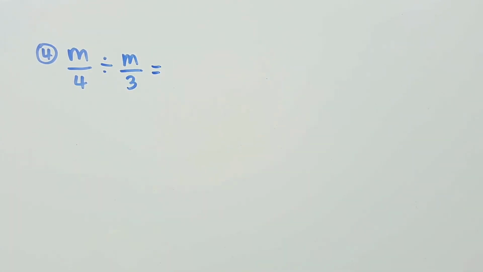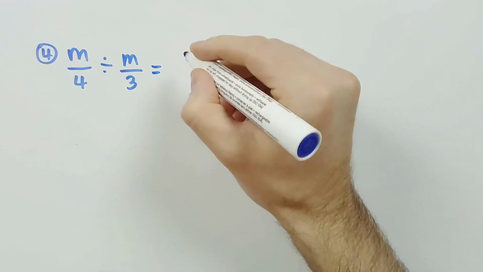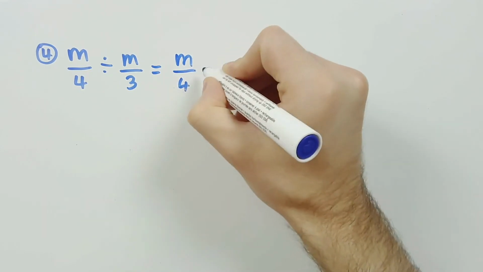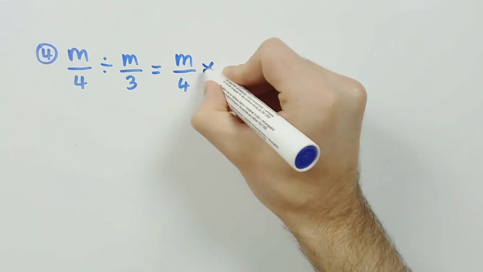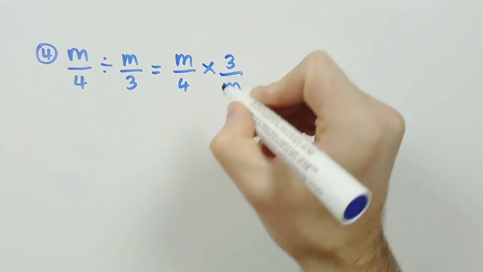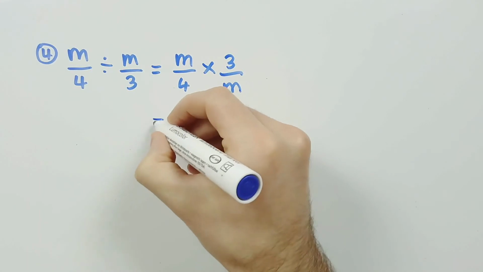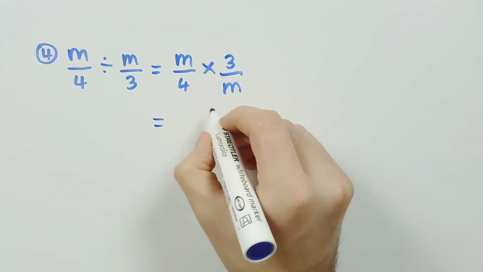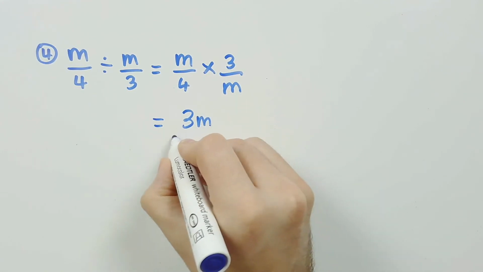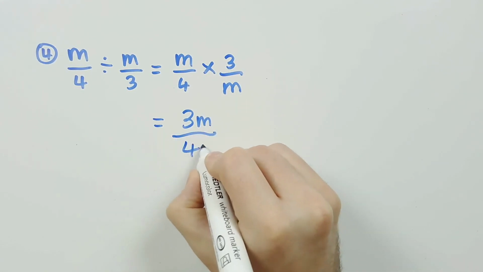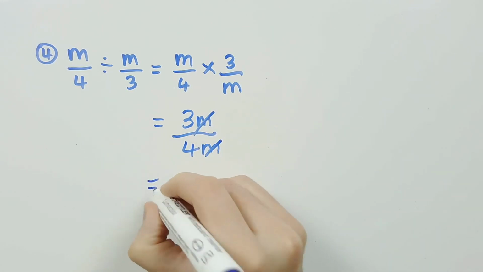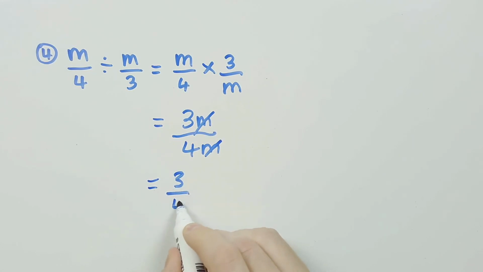Here we can use the trick that we learnt with the operation law, which is to swap the division symbol for a multiplication symbol, and then to flip the numerator and the denominator in the second term, and then multiply out the components, same as we did in the previous example, and we'll end up with m times 3 is 3m over 4m. And of course we can cancel out the common factor of m, leaving us with 3 on 4 as our answer.